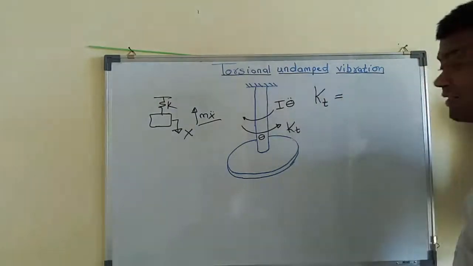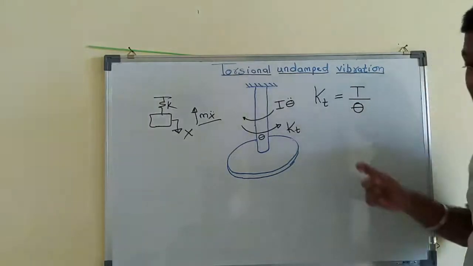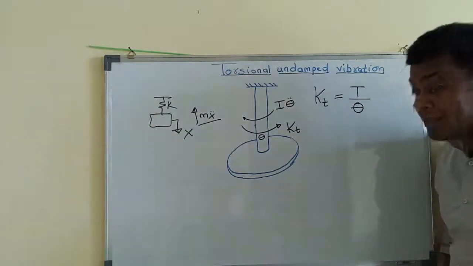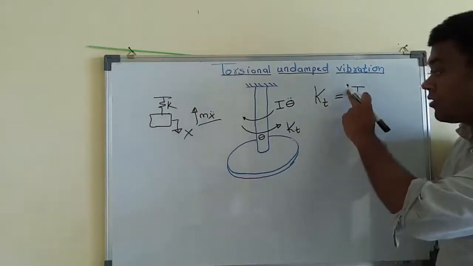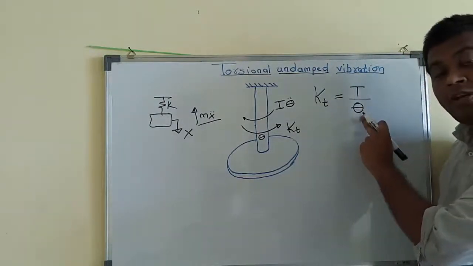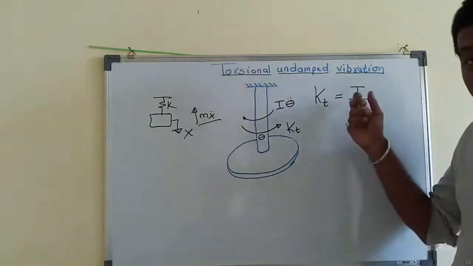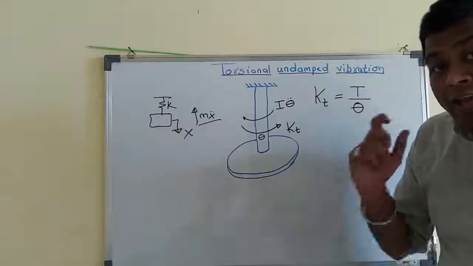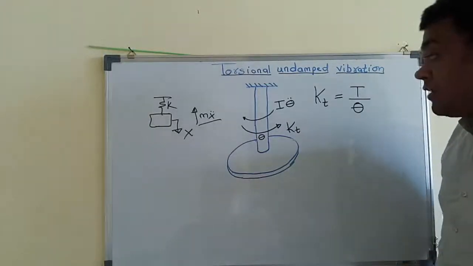KT is defined as the ratio of T upon theta. What does it mean? Torsional stiffness is the ratio of torque per unit theta, that is, the torque required for producing a unit angular displacement in the direction of the force.